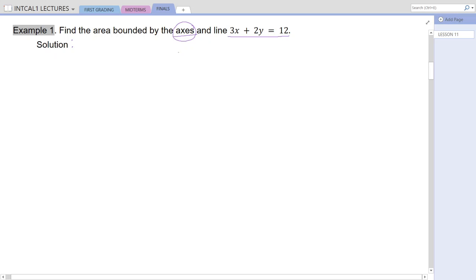Okay, so having this, we first write 3x plus 2y is equal to 12 in its y-intercept form.